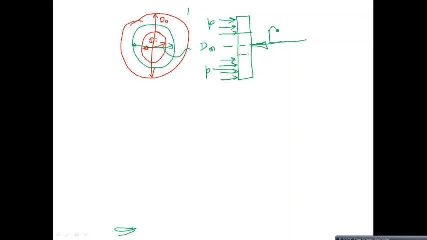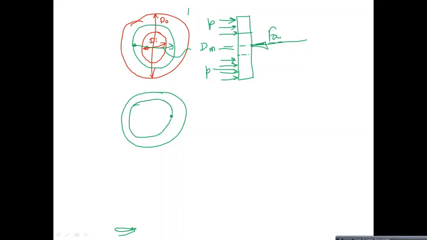Now to engage and disengage, you need to apply some axial force.